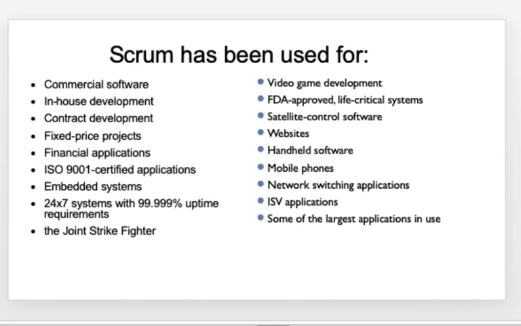If you look at the kind of applications that can be developed using Scrum, you have all different kinds of applications, from commercial software to in-house development to embedded systems, gaming, websites, mobile phones, network switching applications, and many large applications in use have been developed using Scrum.